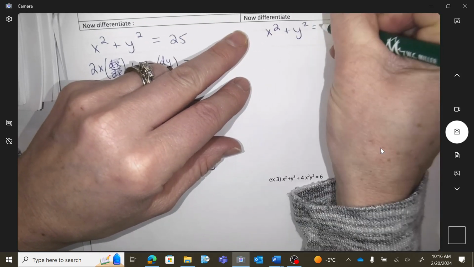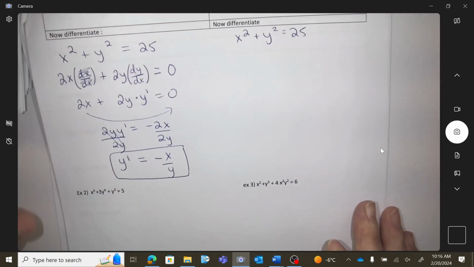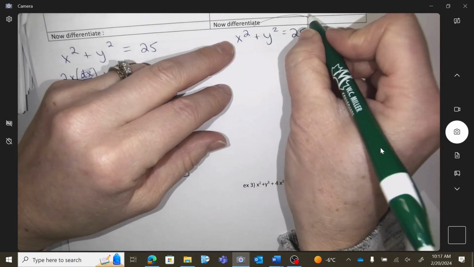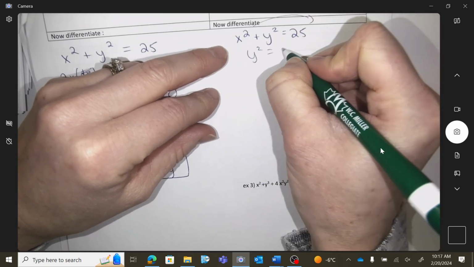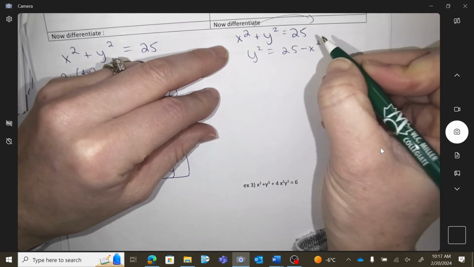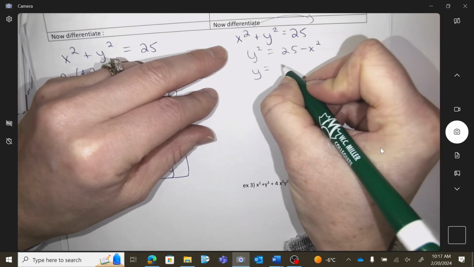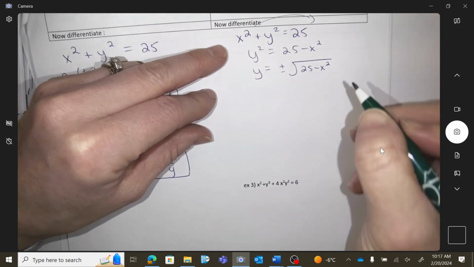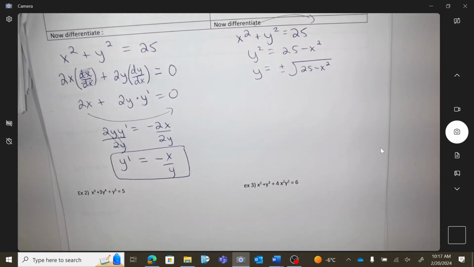Let's make an equation of y equals here. So how do you get y equals? We're going to move over and we're going to square root.